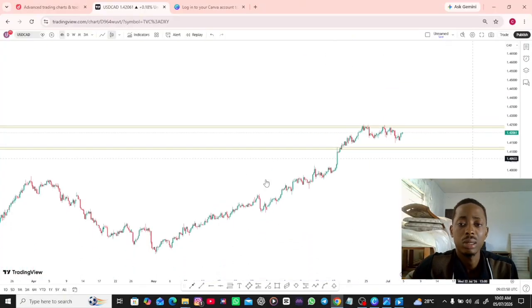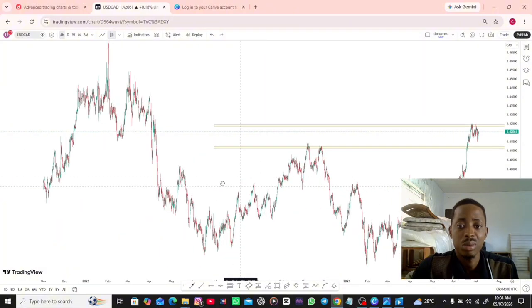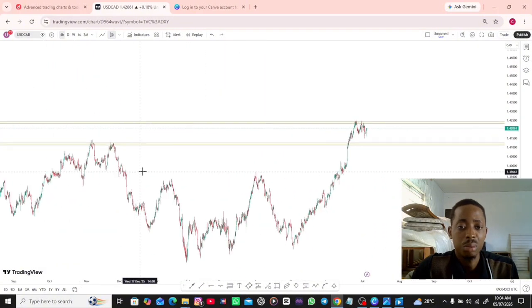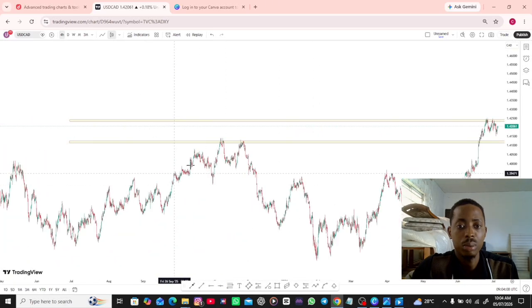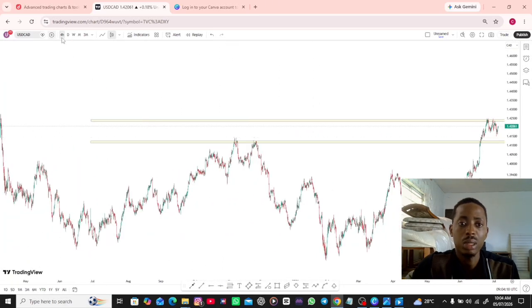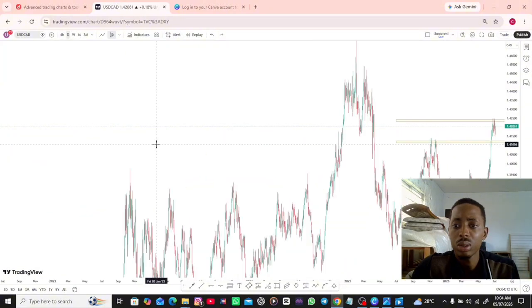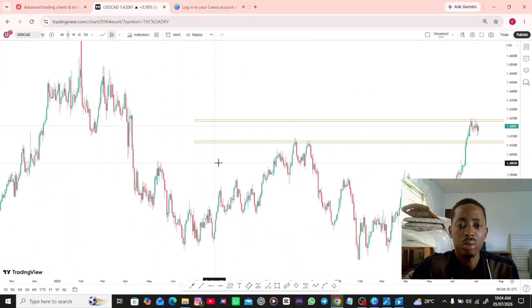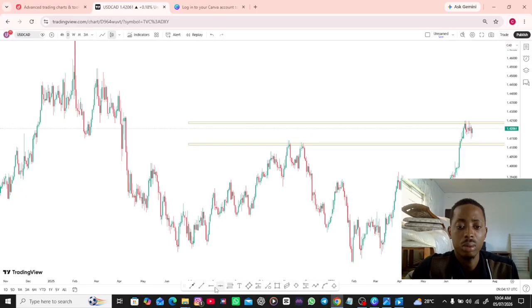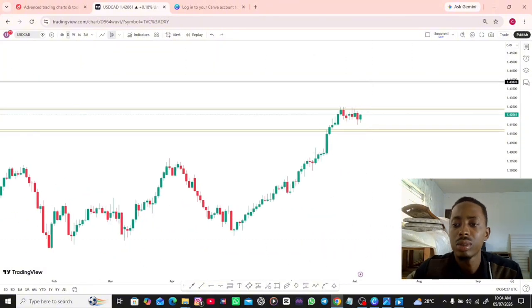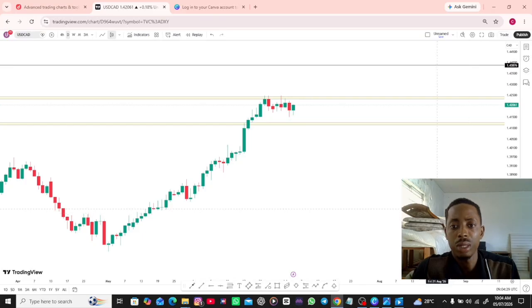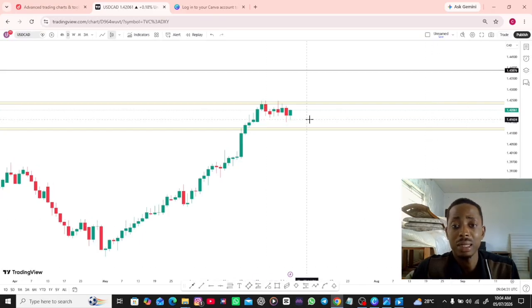I'm expecting the market to push back into the structure before we start heading more to the upside, before we start heading to this level. And that is it for this week. This is what I'm anticipating.